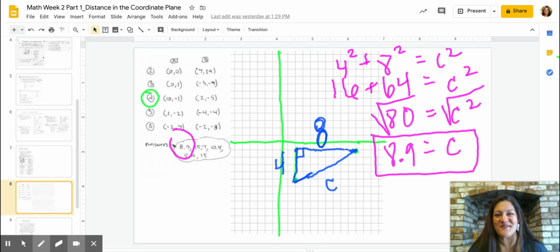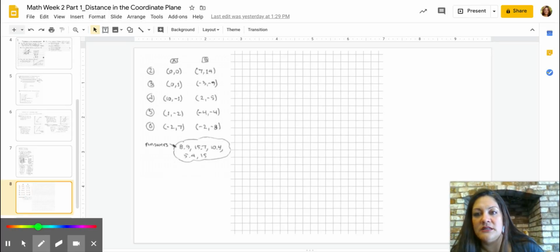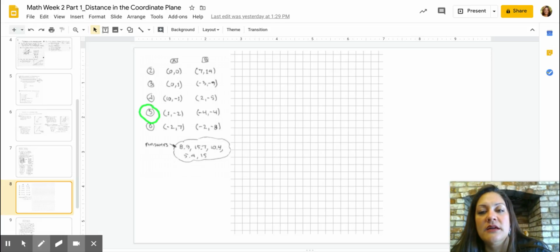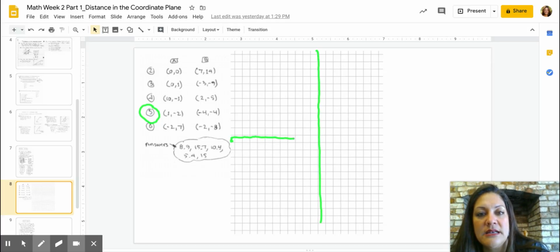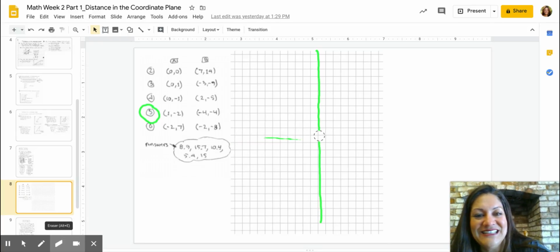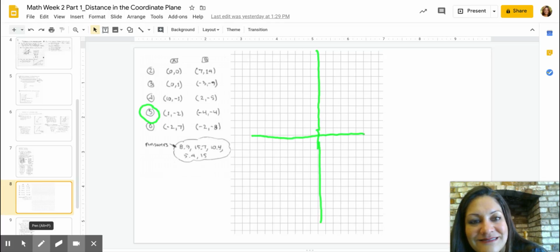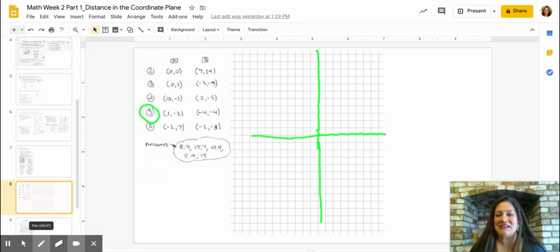All right, 2 more. Okay, number 5. Let's get our coordinate plane here. Not too bad. That one was really bad. All right, that's good enough for me.